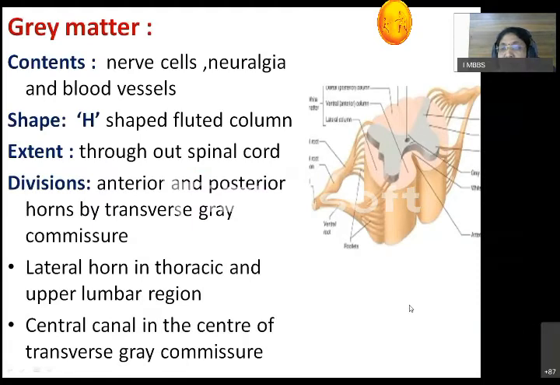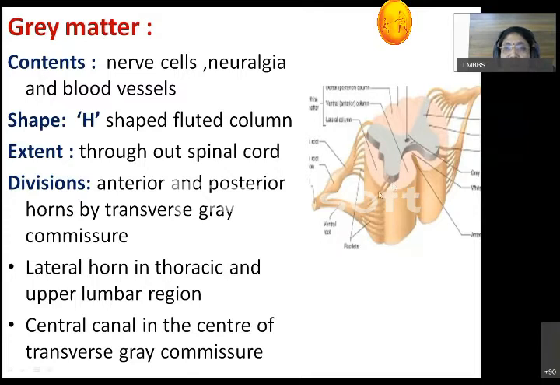So here you can see this is the cross section of the spinal cord, where this is the posterior horn, this is the anterior horn, and this is the lateral horn. That means this is a transverse section of the spinal cord at the level of the thoracic region. Here also you can see the H-shaped gray matter.